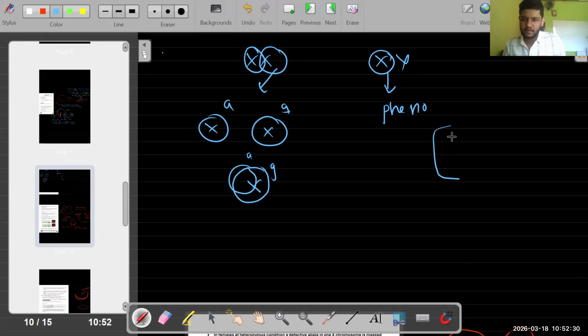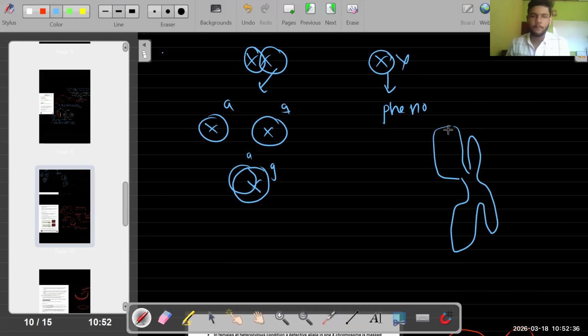Now, in the first class itself, I said to just think of a chromosome. In the chromosome there are some band-like structures like this. What are these band-like structures called? Can you remember? No?